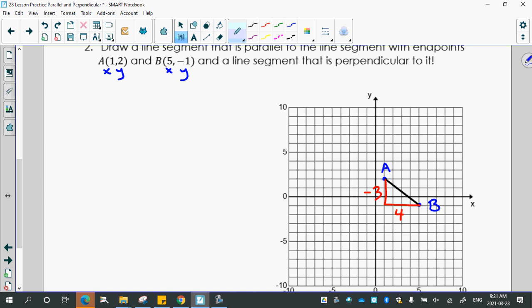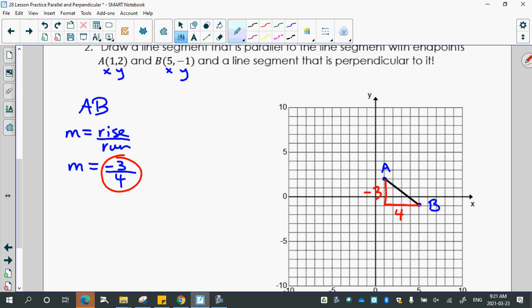So if I'm looking at the slope of AB, I would do rise over run. Everyone see that it's a negative sloping? Okay, so this is one thing I want you to know for a line segment: it doesn't matter where I start, this is my formula for making it parallel.